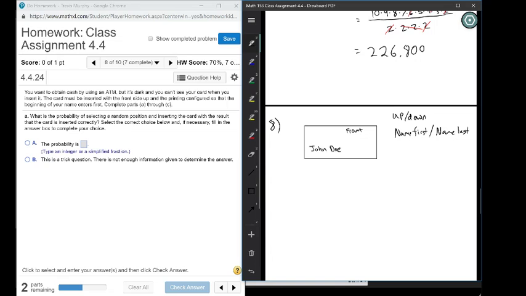The sample space of possible ways, so the number of ways to insert the card, would include: is it up or down?